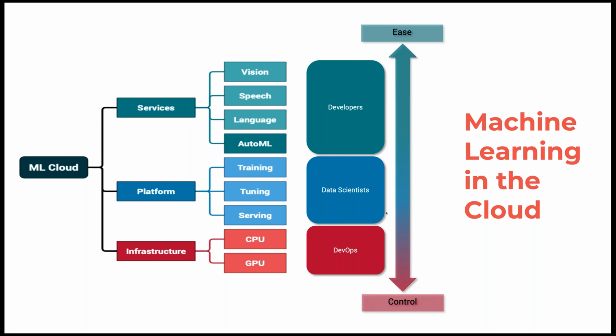So machine learning in cloud basically has three layers. The first layer is the infrastructure. And infrastructure is delivered via a set of virtual machines, where you have high power CPUs and also accelerators like NVIDIA GPUs and Google's TPUs, FPGAs, and so on.